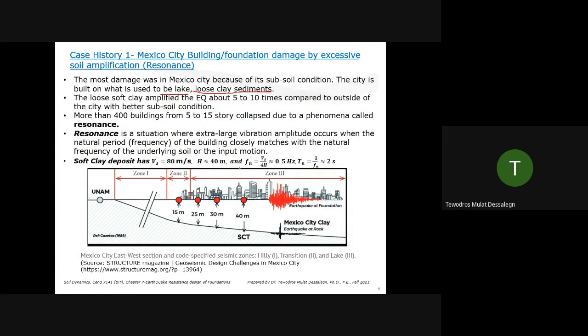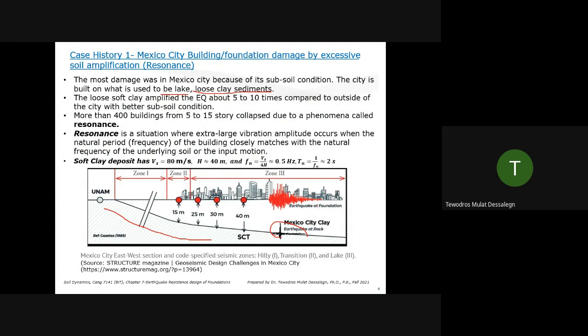So this is a loose deposit, and we have seen amplification in seismic wave propagation. You're familiar with impedance ratios. So when an earthquake comes in the bedrock, this is the bedrock, and this is the soil portion. The soil is a loose deposit, and the rock is there.